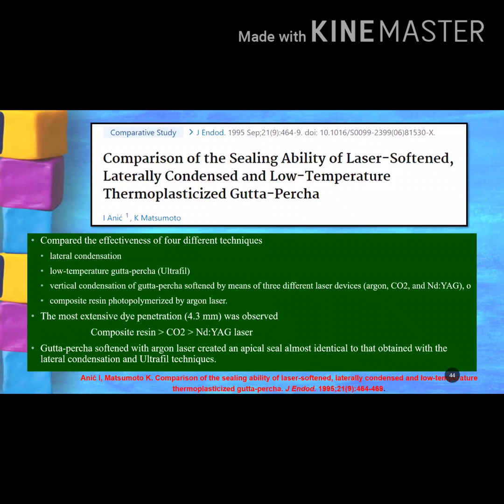And in that they have found that the dye penetration is more in the composite resin, followed by the carbon dioxide and Nd:YAG laser. And they have found that the gutta percha softened with the argon laser created an apical seal almost identical to that obtained with the lateral condensation and Ultrafil technique.